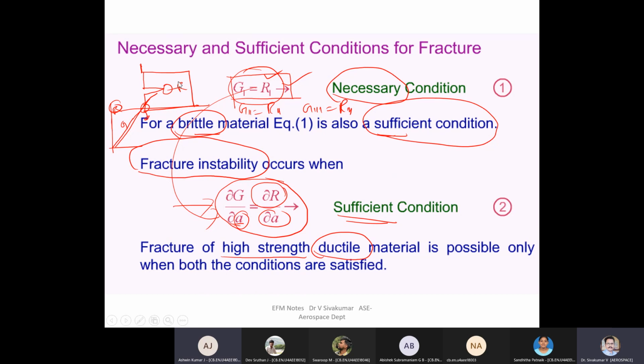Just by looking at G equal to R alone, you cannot say the crack will happen. It might or might not. You will understand this better in one or two more classes.